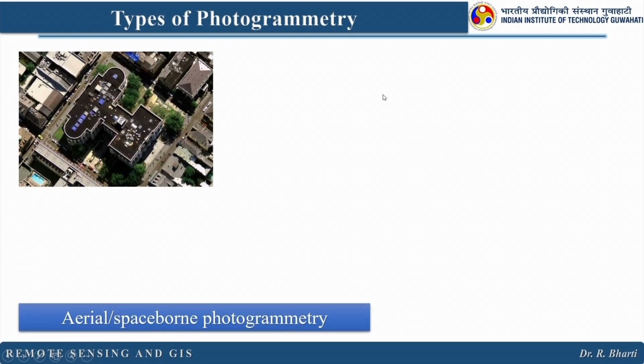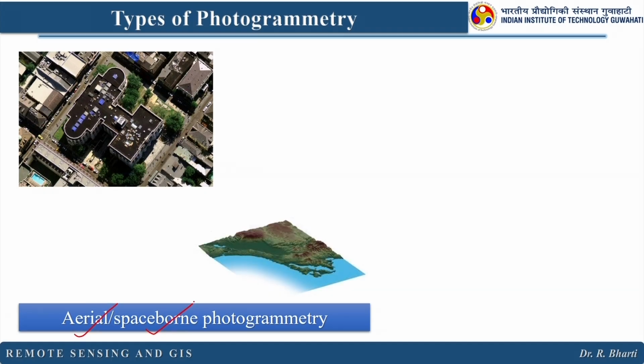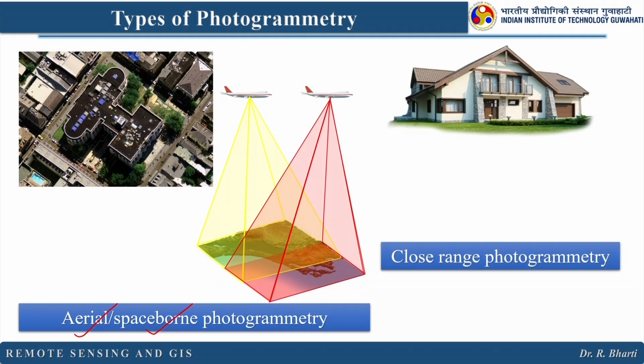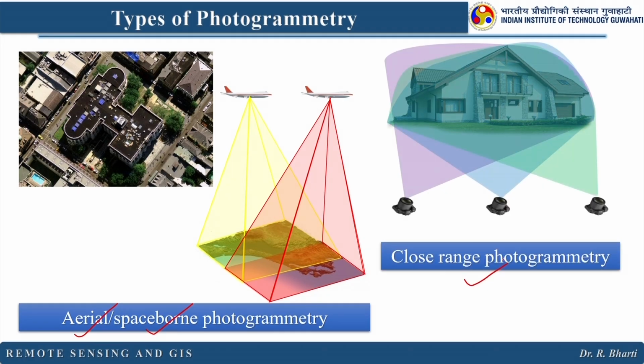Now, there are different types of photogrammetry. The first one is aerial photogrammetry or space-bound photogrammetry, and the next one is close range photogrammetry. Here you can see different acquisition modes for these different types of photogrammetry. Let us start with the first one.